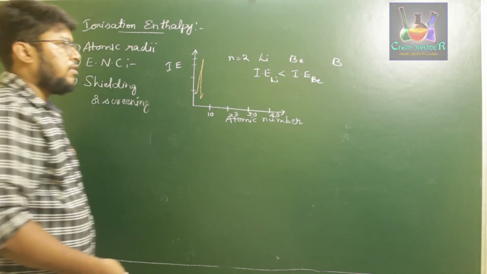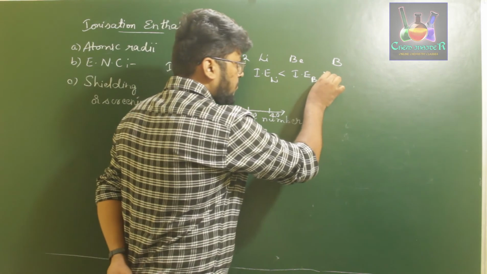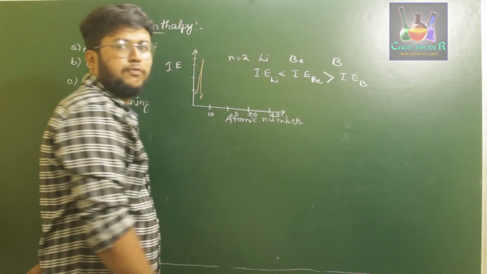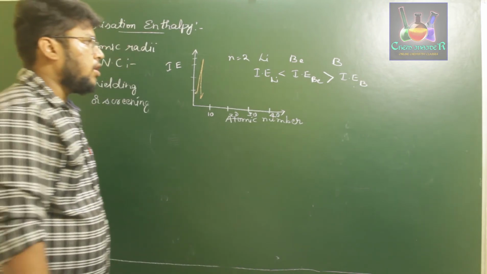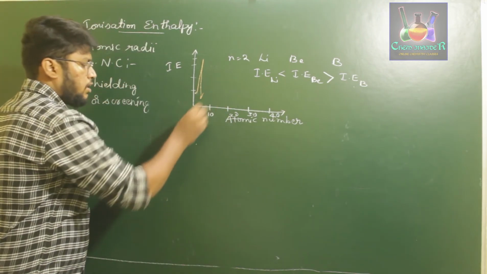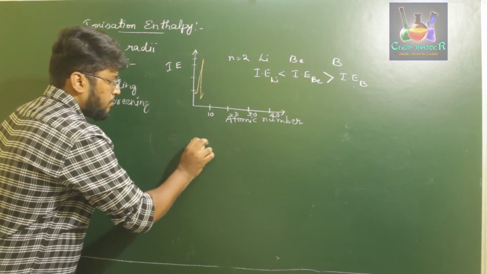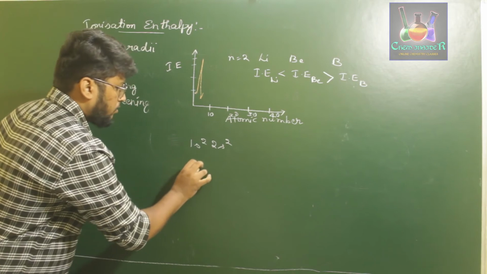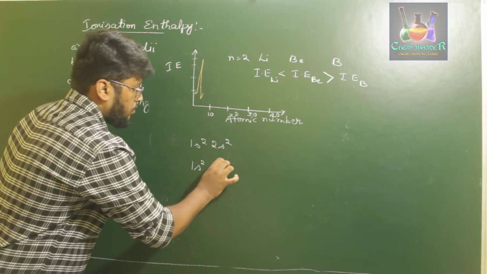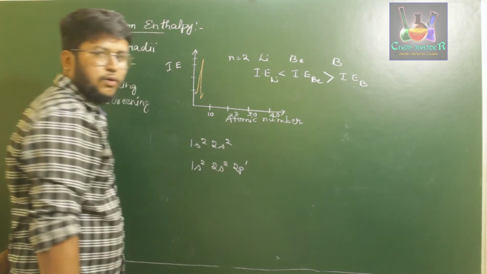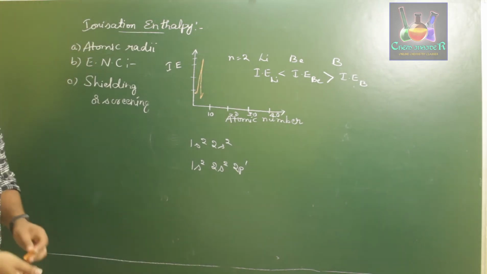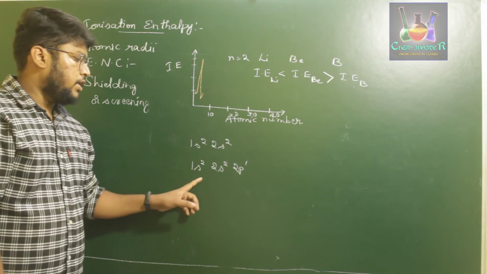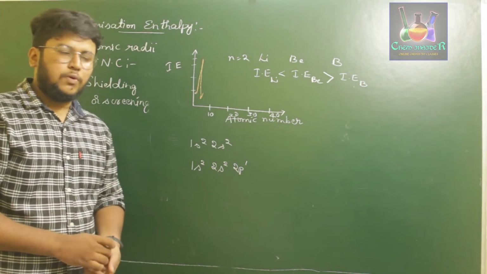But later further what we observe is a variation in case of first ionization enthalpy of boron. That is because beryllium has 1s2, 2s2 orbital, whereas boron has 1s2, 2s2, 2p1 electronic configuration.